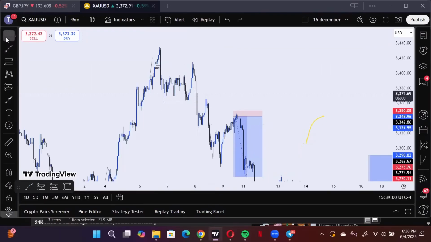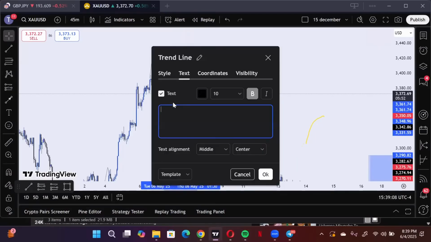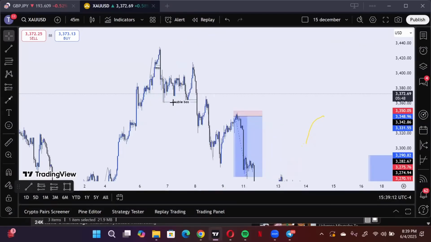When the market took out this recent low, while also taking out this previously existing low here, this is what you call a double break of structure. It sold and took out this low, but it also took out a previously existing low here as well. That is what you call a double break of structure.